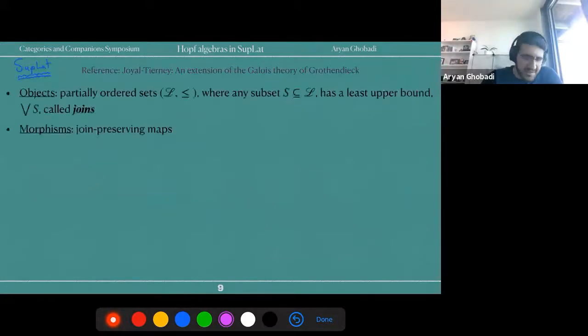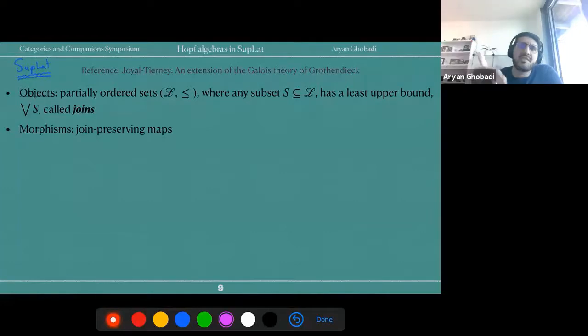My reference for SupLat is going to be Joyal and Tierney's book, which everything I'm going to talk about is in the first like 10 pages of their book. So what is SupLat? It's the category whose objects are partially ordered sets where you have least upper bounds, or suprema, or joins, whatever you want to call that, for any subsets.